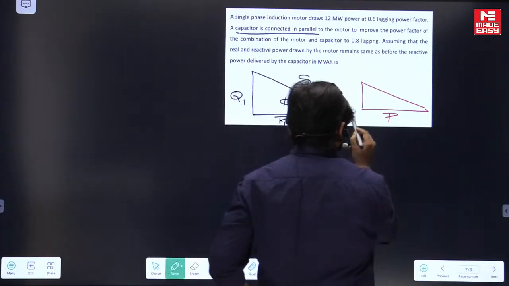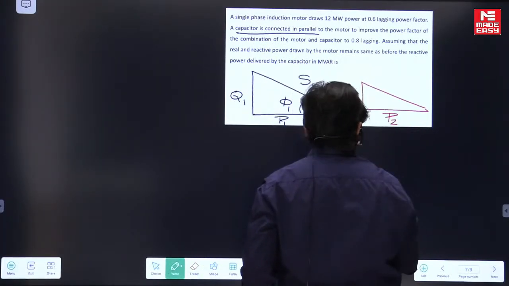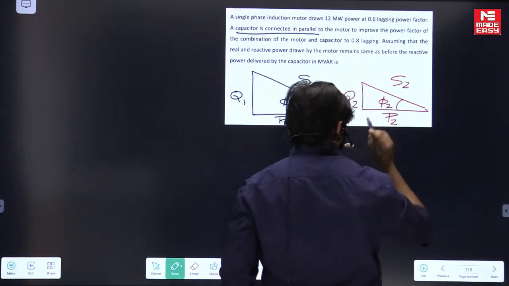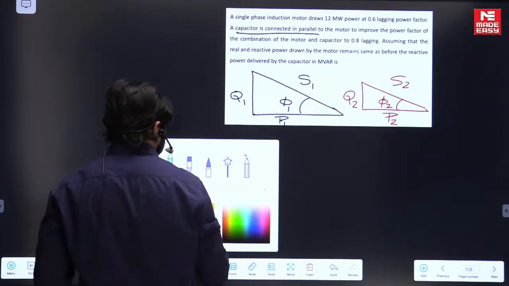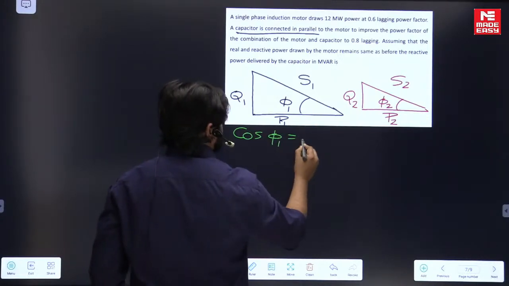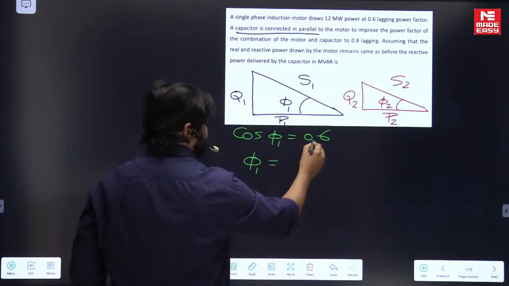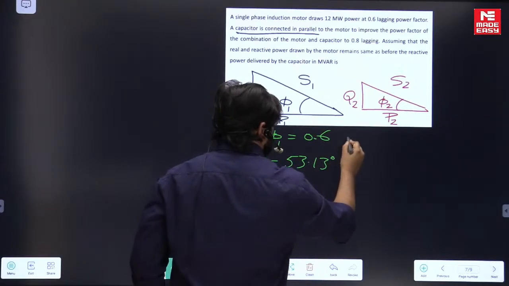So I will use Q2, P2 is the same, obviously S2, and this is Phi 2, the power factor angle. So first, cos Phi 1 is 0.6. So Phi 1 is cos inverse 0.6, that is 53.13 degree.